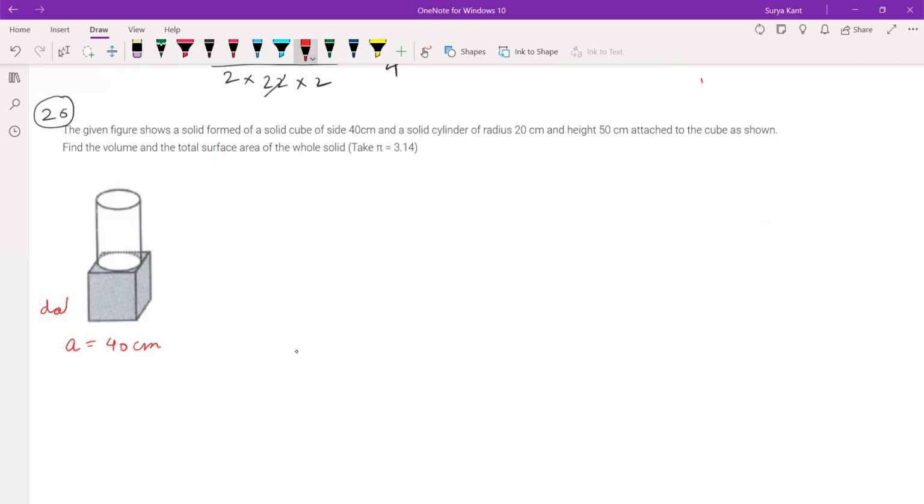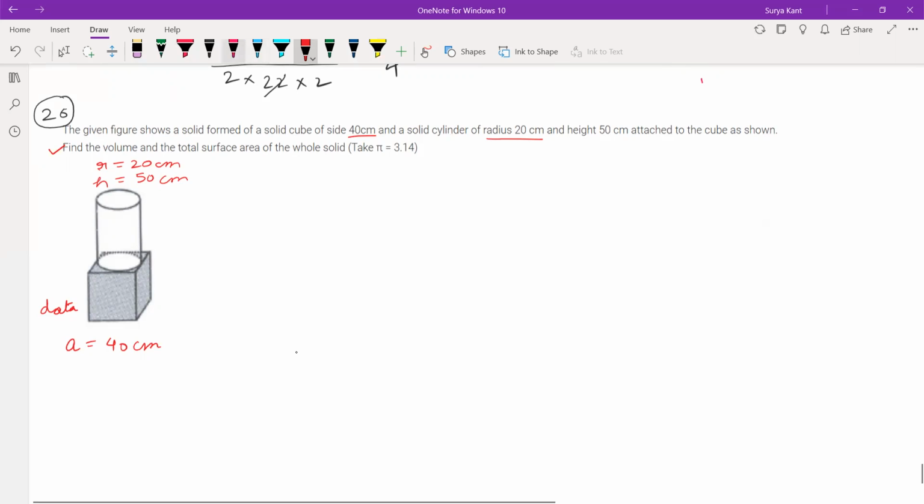See, the solid cube side is 40 centimeter, and a solid cylinder of radius 20 centimeter and height 50 centimeter is attached to the cube as shown on the top. All of you can see this whole cylinder attached to the cube. You have to find the volume and total surface area of the whole solid.